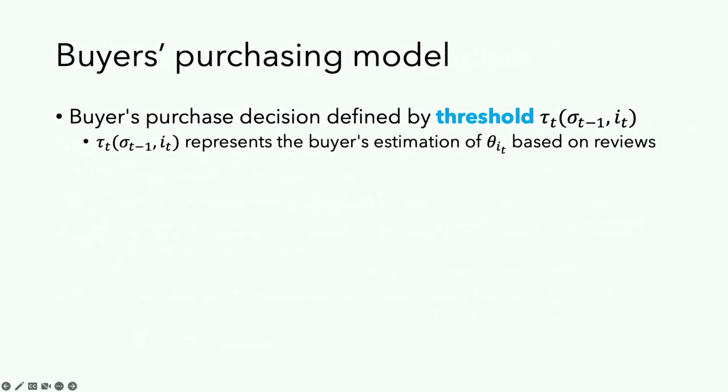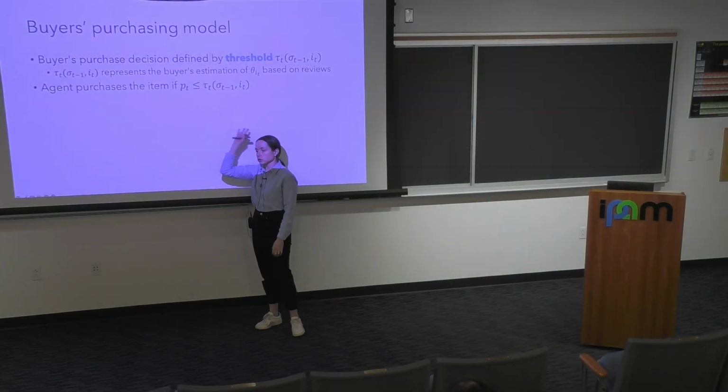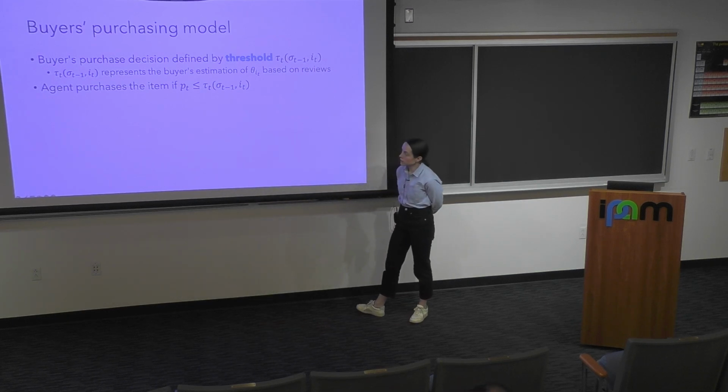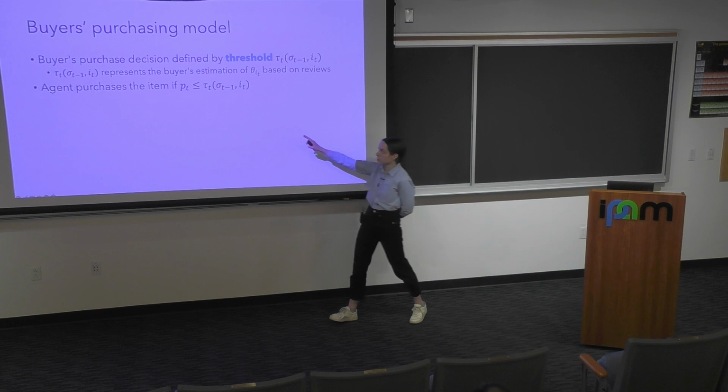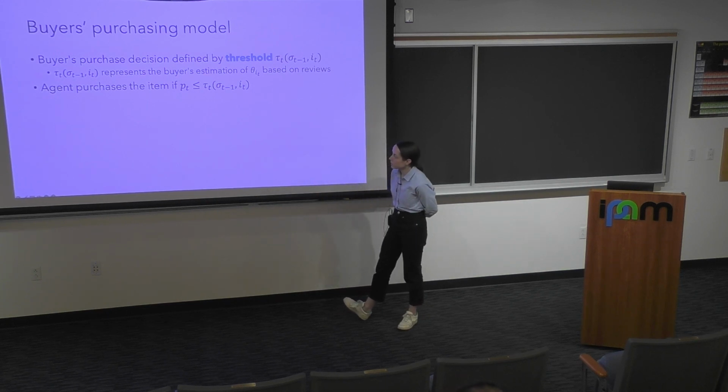So you can think of this tau_t as the buyer's estimate of what their ex ante value likely is based on the reviews. And the agent is going to purchase the item if the price is lower than this threshold. Intuitively, they're saying, I'll purchase if the price is lower than what I expect my value to be based on the reviews.